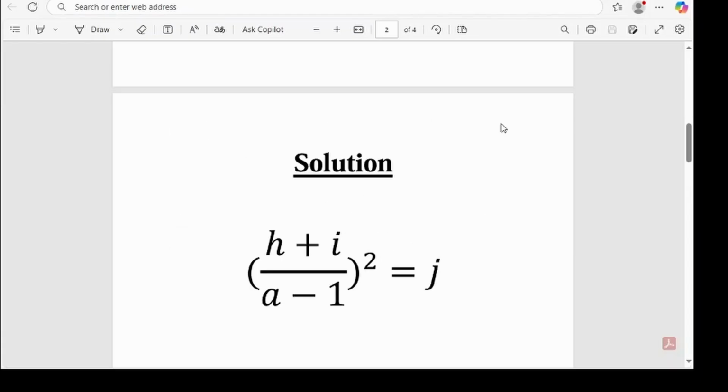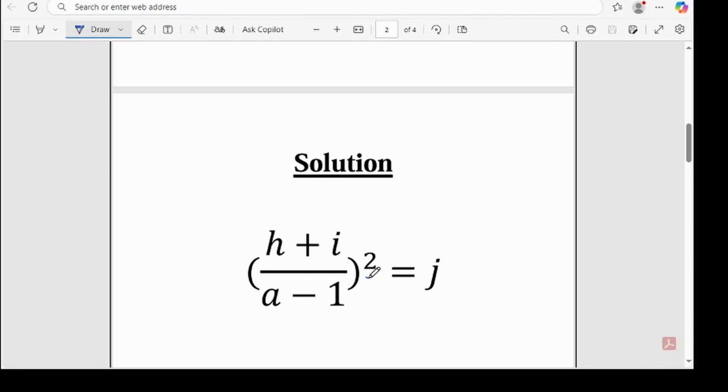Now the preamble is giving us ((h + i)/(h - 1))² = j, right? So we need to eliminate the square, in order for the equation to stand on its own.